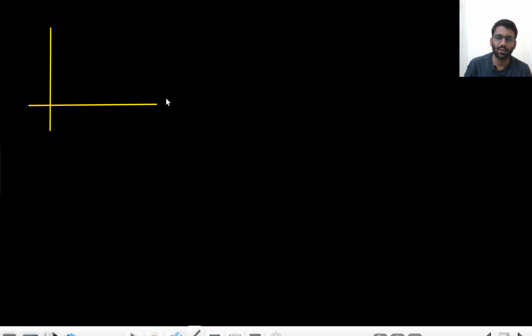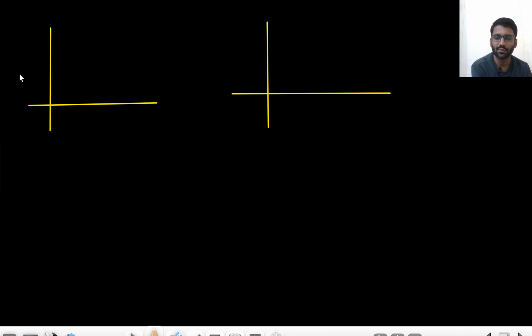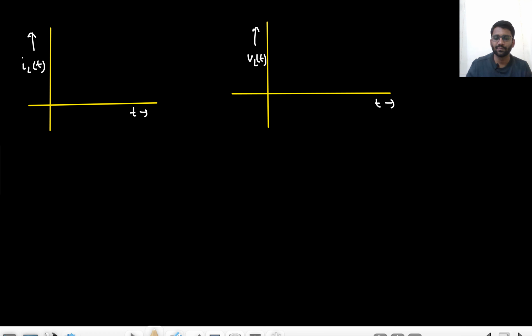We are making the graph for IL(t) and VL(t). What is happening in case of VL(t)? VL(t) is trying to go from 12 to 0 volt, right? So this is for IL(t) and this is for VL(t). 0 to 1.5 ampere it is going, like this.